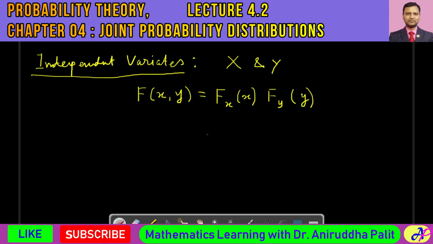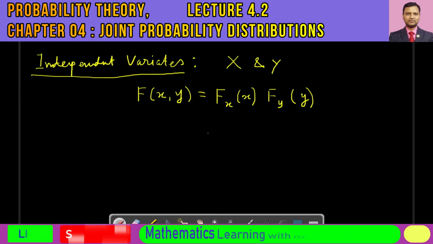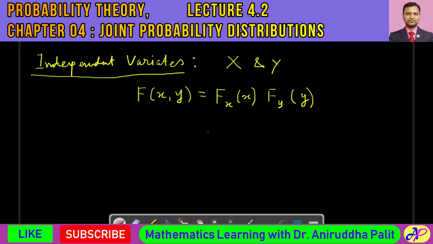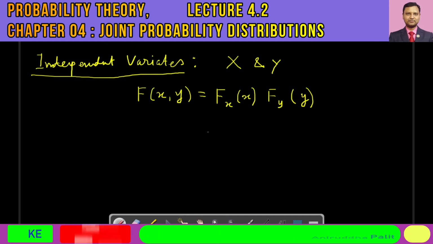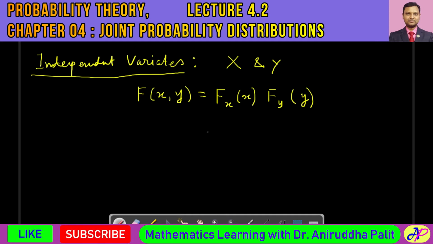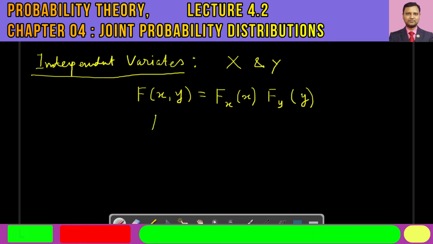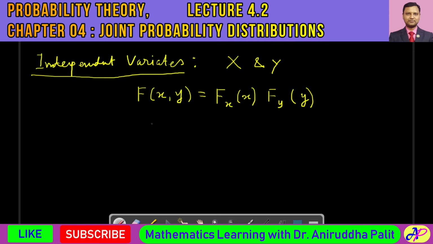Now, in terms of probability mass function, we can have an equivalent definition of independent random variables. And what is the equivalent definition? It says that in terms of probability mass function, you see this f alpha beta.